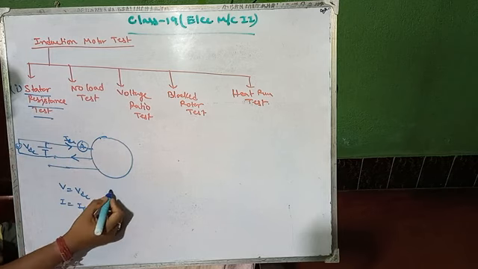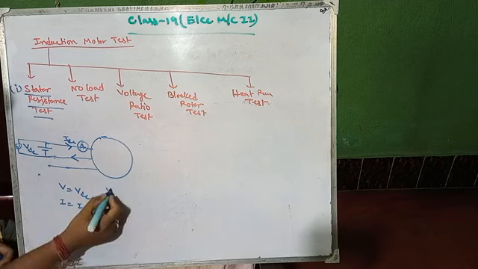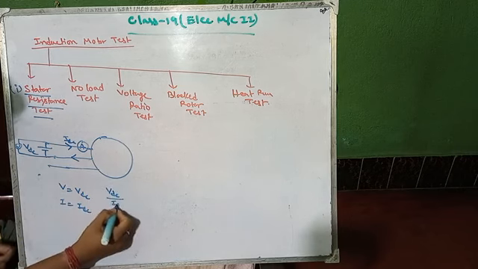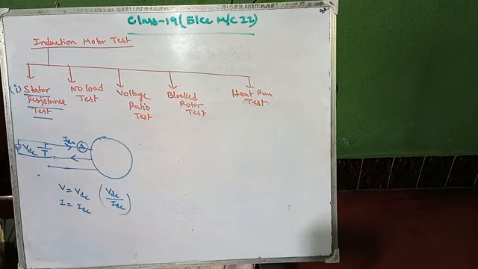Now in the third point, we have to calculate VDC by IDC. This is called the series equivalent resistance of these 2 phases. Therefore, by dividing this quantity by 2, we get the resistance per phase.